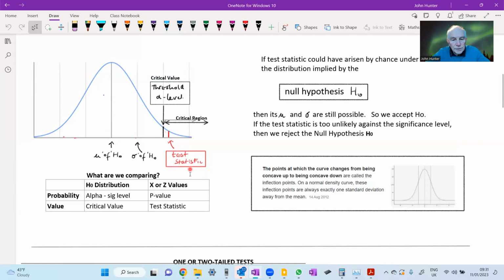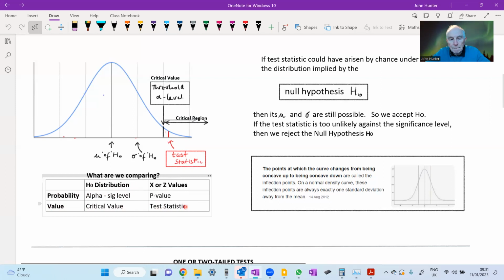Now, as I said, the test statistic and the alpha value are like different currencies, percentages and values. So first of all, we need to understand this table: when we're talking about the baseline distribution under the null hypothesis, the alpha level is a probability. The critical value is a value. We derive a test statistic.